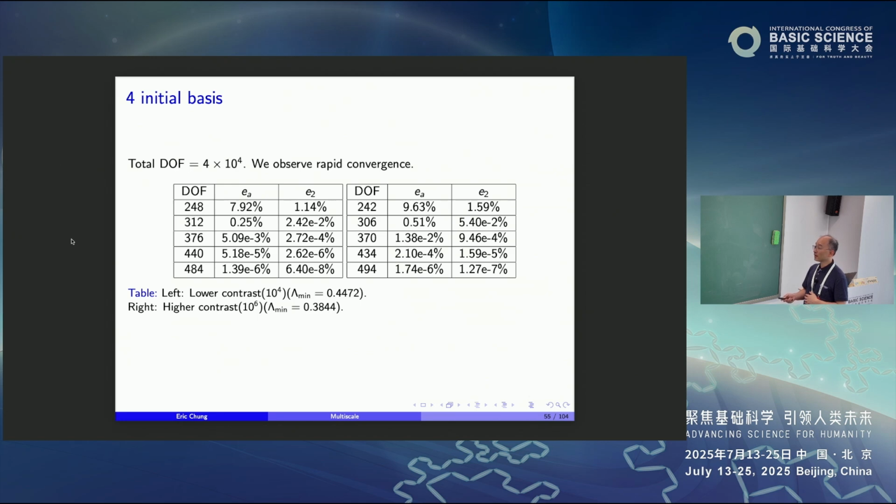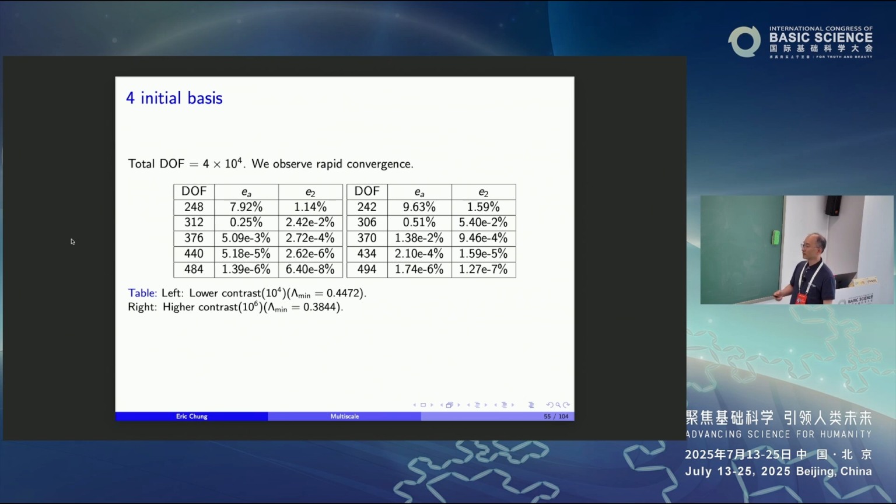You see that if we use, say, 248 unknowns, the energy error is about 8%. But after we add some of these new basis functions, the error is already reduced to 0.25%. This method is very accurate because you only use a very small number of unknowns compared to the original system.